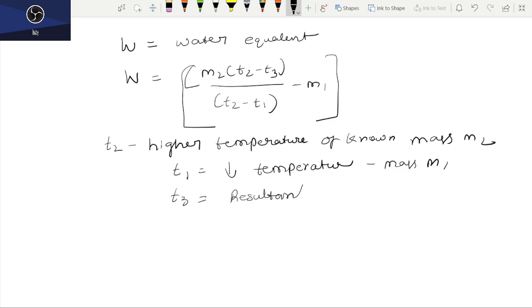Heat evolved is also calculated by the following equation. In a specific system, if heat is evolved, it is going to be calculated by Q equal to capital W into small m into S into T2 minus T1.